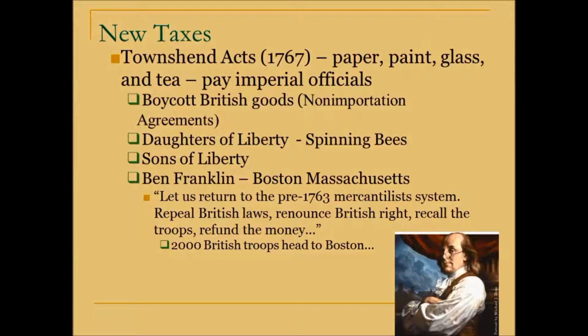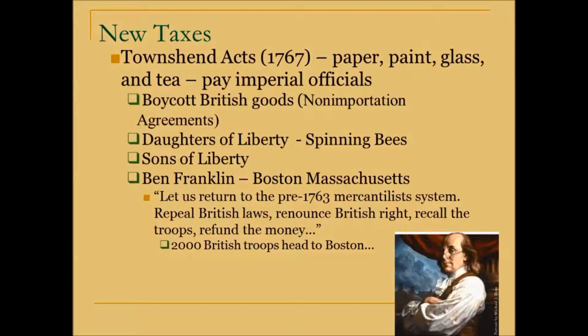Now, these Daughters of Liberty also used the spinning bees to keep gossip alive about who was still buying goods from the British. And of course, the Sons of Liberty were around still, and they also would spread the word of who was still buying British goods. Sometimes they learned from the Daughters of Liberty who it was, and then the Sons of Liberty would go basically harass these people so that they would not buy goods from the British.